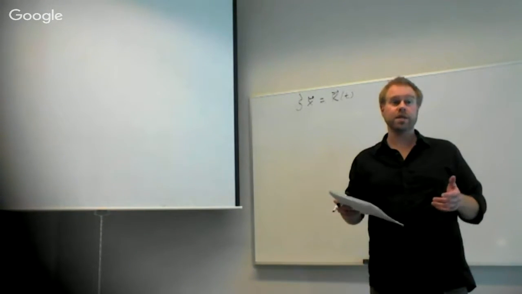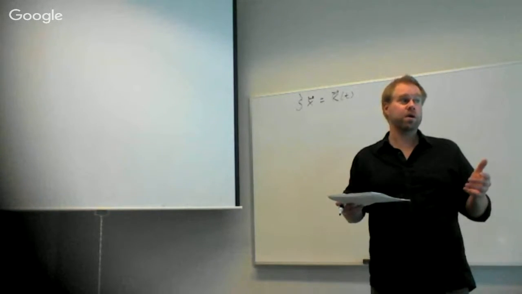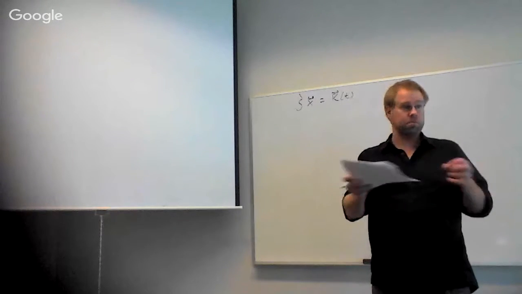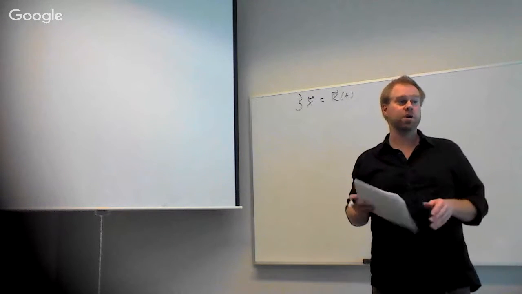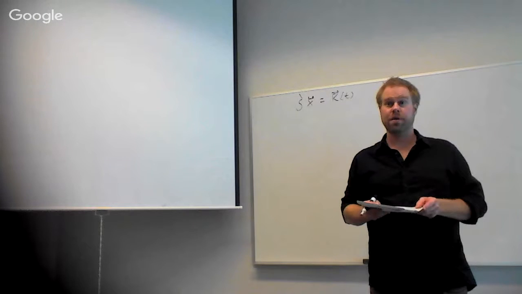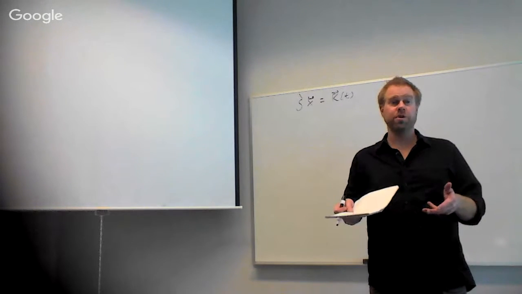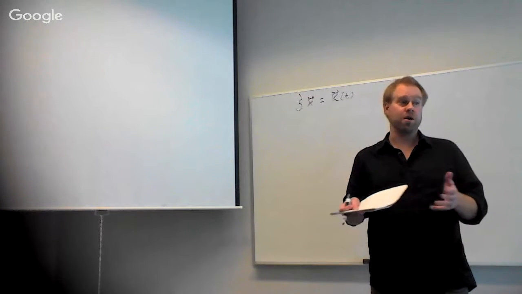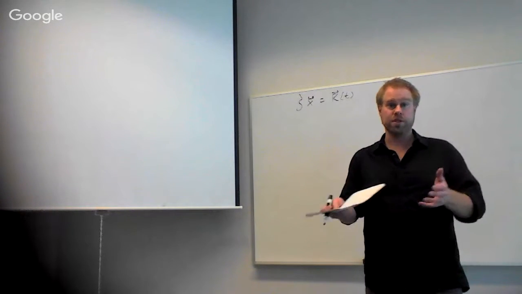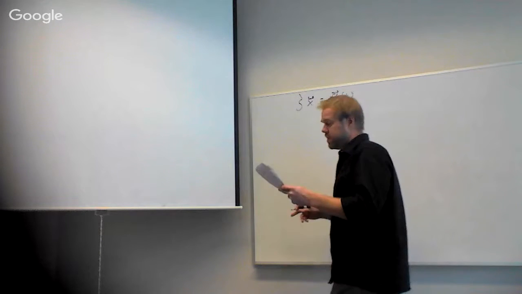The SDE describes how any one of those particles might move around. The PDE tells us how the distribution of those particles will evolve. We're going to see that these are totally equivalent, but we're going to do it numerically. First, let's introduce what PDE this is.